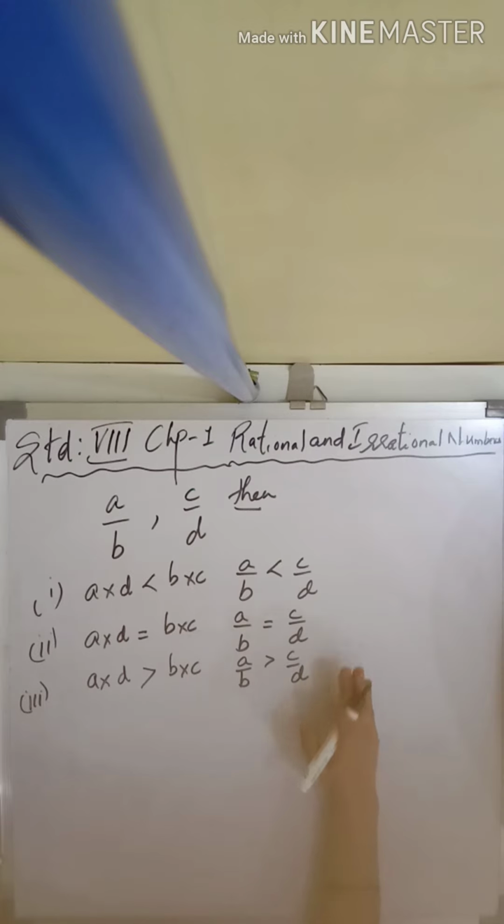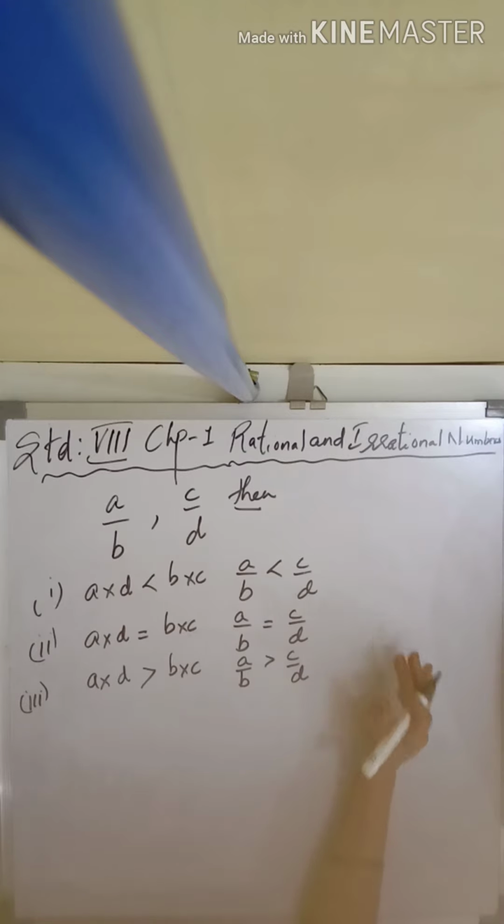Otherwise, you can follow the basic method we used in practice set 1.2. Until and unless it is specified to use the rule method, you are free to use any method to compare the rational numbers.